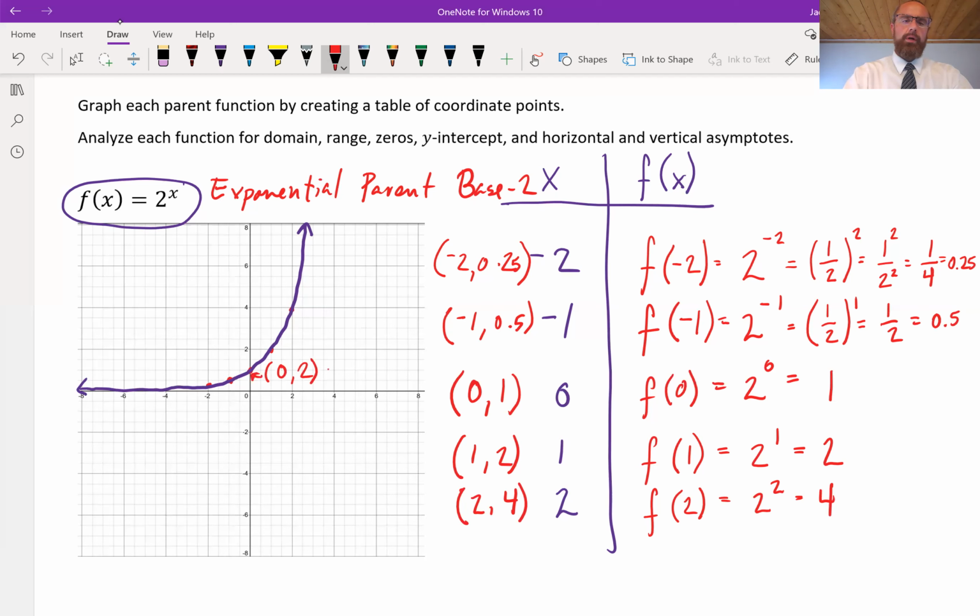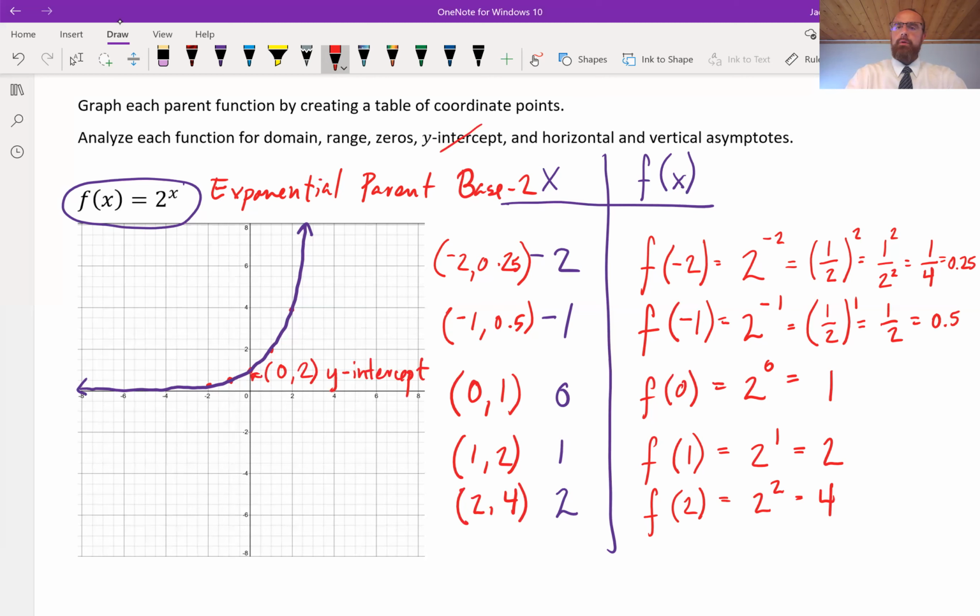Again, that's where the graph crosses the y-axis. And I'm going to just mark off here on the graph that we calculated y-intercept. So as you're going through your work, if you can label these items for analysis on the graph itself, or if you want to list them below the graph, that's good too. You'll have room on your work to do so.